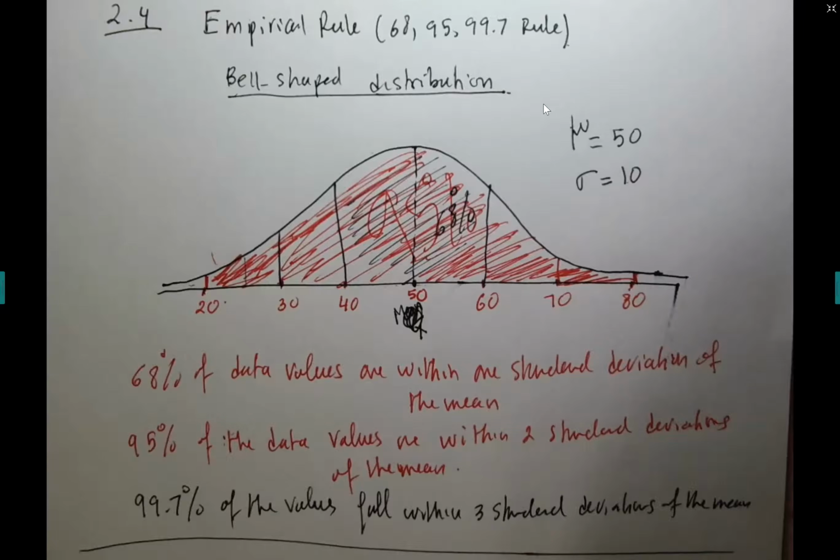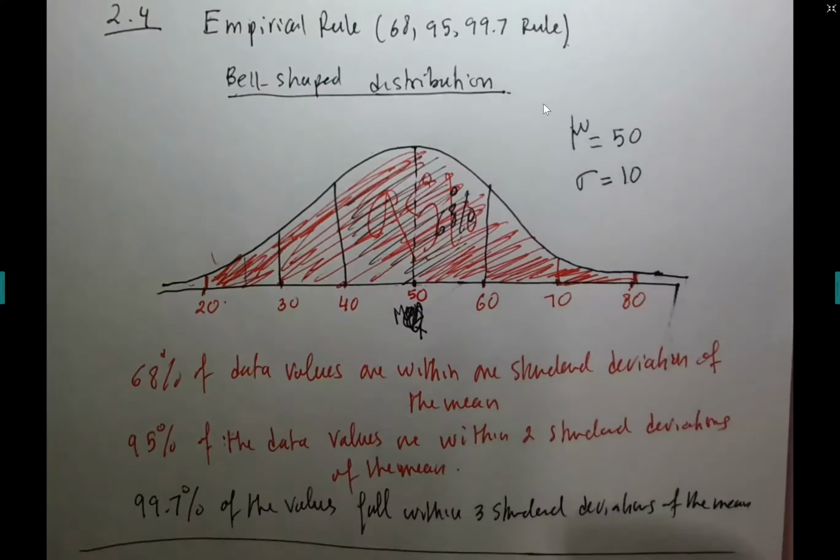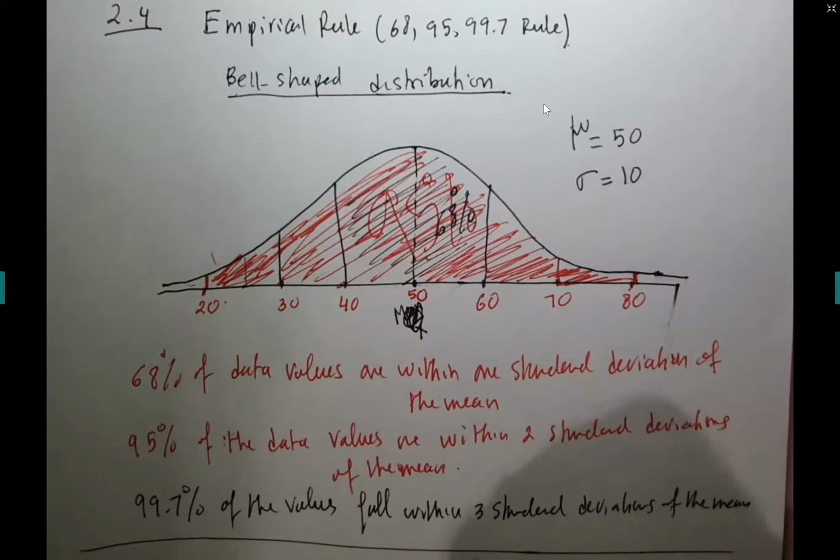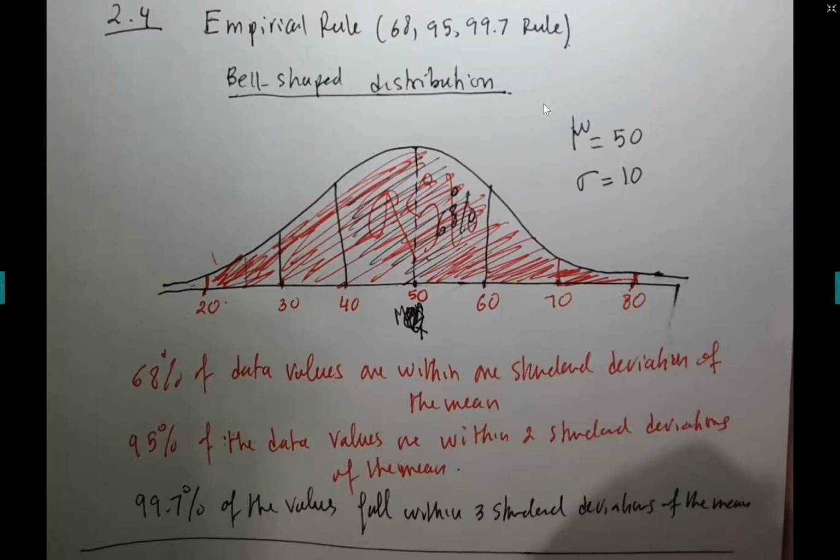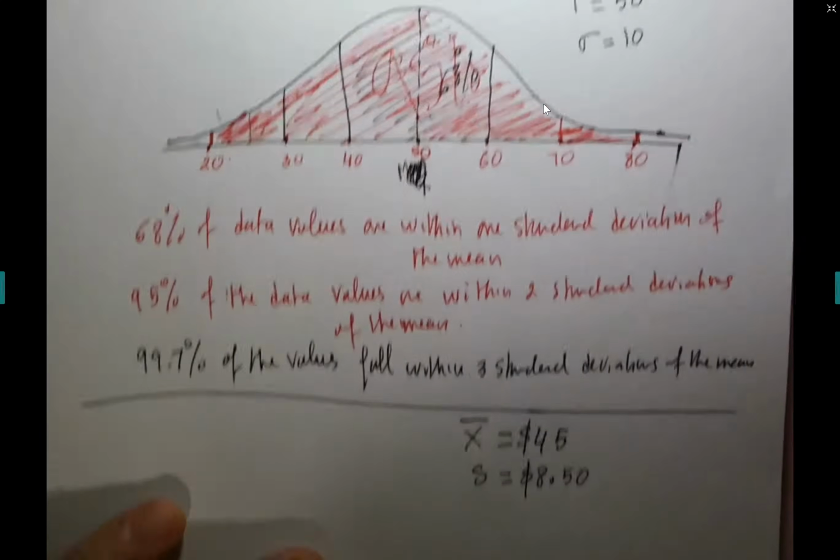And I get the data values, I put them in the calculator, and I find the mean. Let's say the mean turns out to be $45. And the standard deviation turned out to be $8.50. I'll write them down right here.